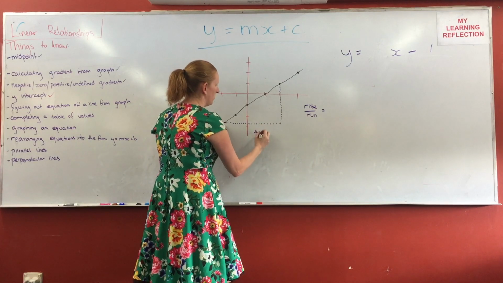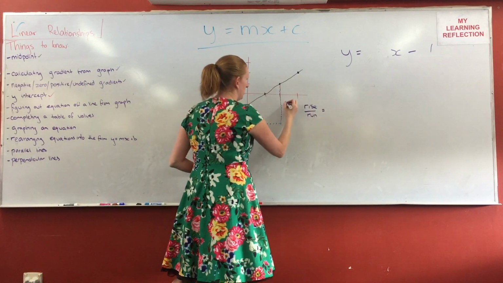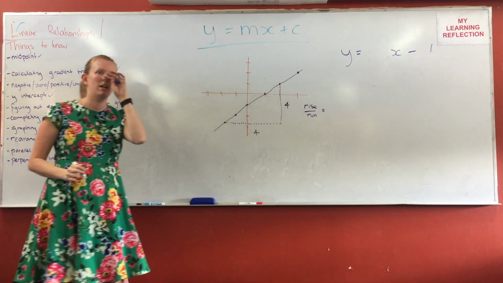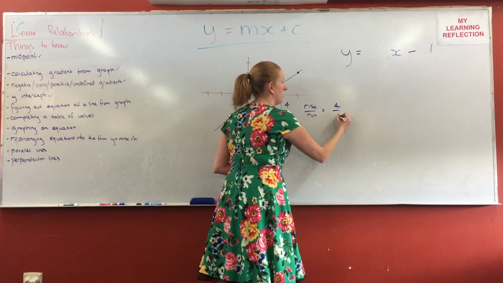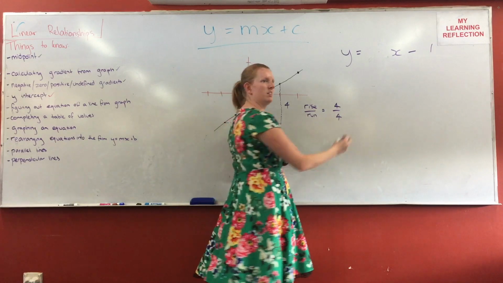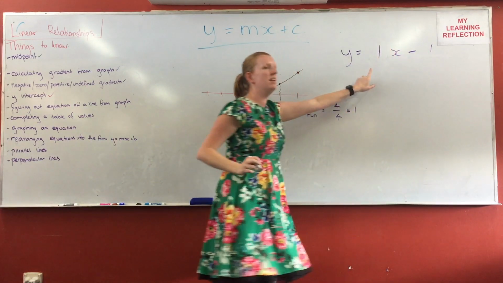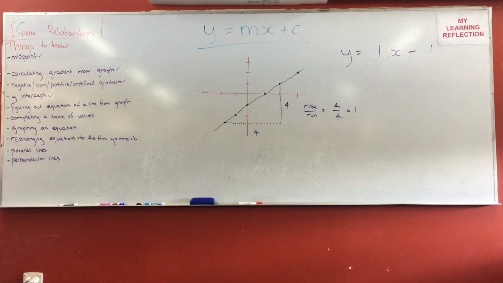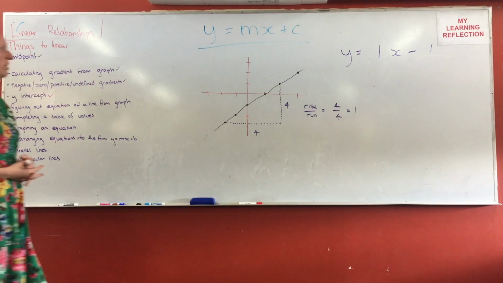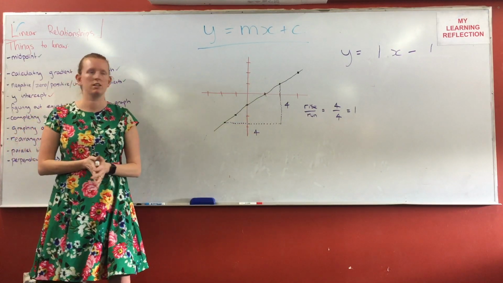And how many is it going up? 1. Now, is my line positive or negative? Positive. So what do I have to do to it? Nothing. It's already positive. But if my line were negative, I'd have to make that 1 a negative 1.